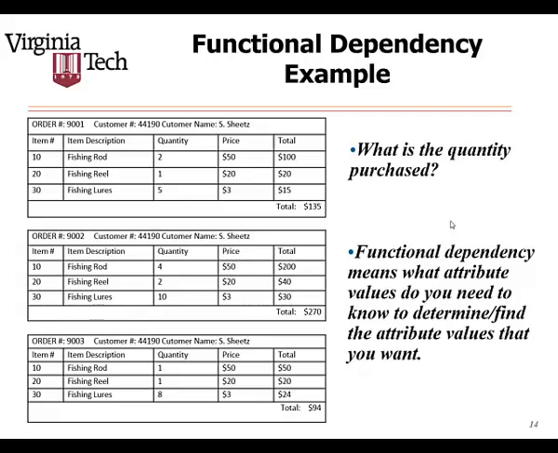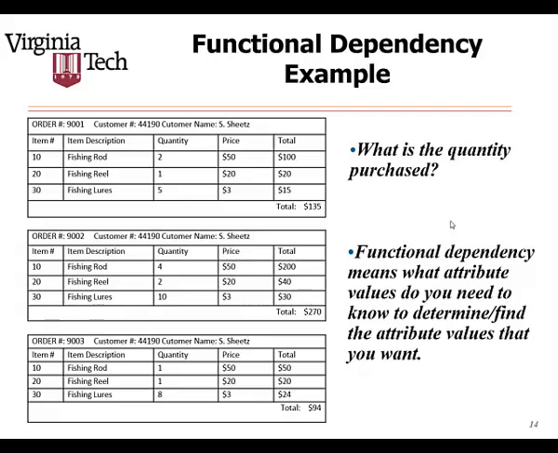So if I ask you to say, well, what is the quantity purchased? I guess you could give me some numbers, right? But if you said, okay, I'm adding up all the quantities, so I have 2, 1, and 5 is 8, 4 is 12, 16, 26, 27, 28, 36 is the quantity. Well, that would be wrong.